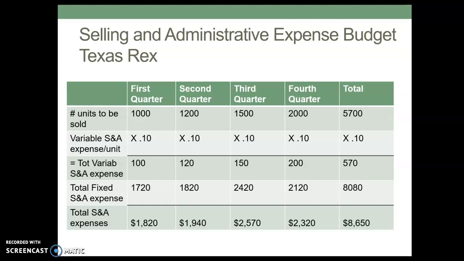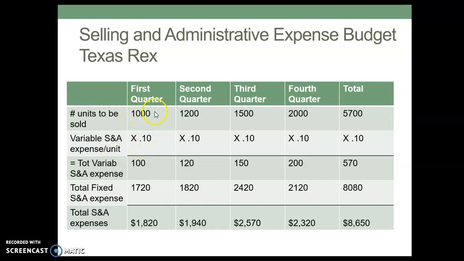The more that we sell, the more that there are of these things. So especially sales commission that we have to pay to the salespeople. The more they sell, the more commission they get. And so those are variable. The variable selling and administrative expense per unit, okay, per shirt in this case, is 10%.